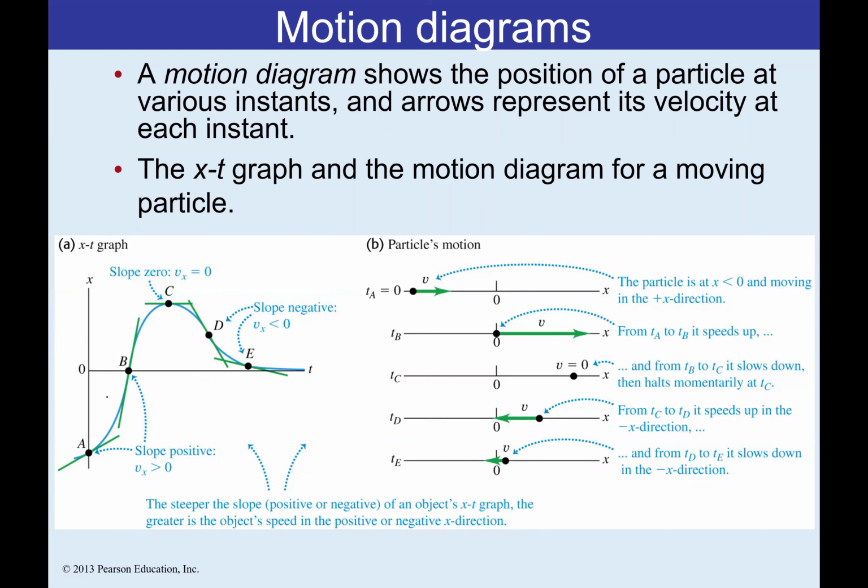At t equals 0, you can see, we are at position A. But position A is below the t-axis, which means, if I'm doing the Cartesian coordinate, position A will be to the left of the origin, somewhere over here. This is t_A, the time at position A, and we take that to be t equals 0.